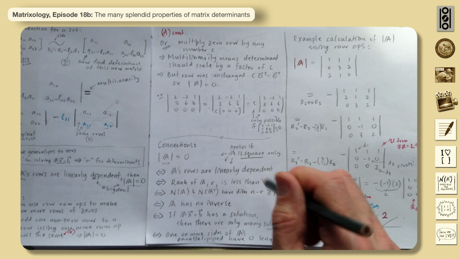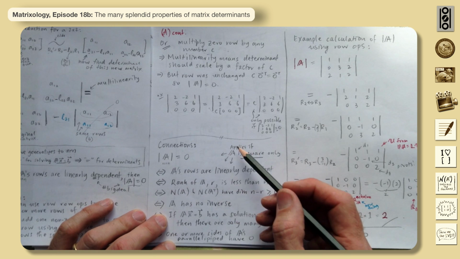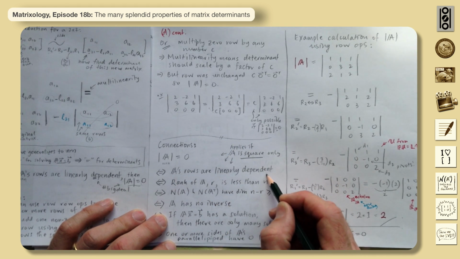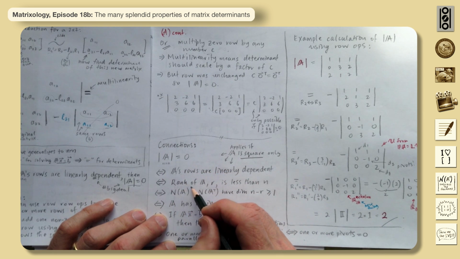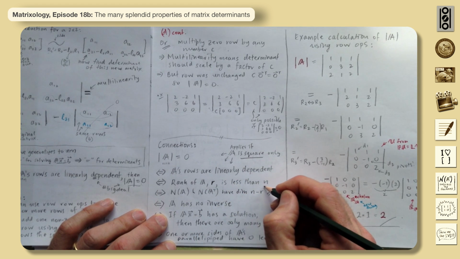So let's connect this to many things we know already. The determinant of A being 0, again, this is only for square matrices, means that A's rows are linearly dependent. Same as the rank of A, which we've written as little r, this very important thing, being less than n.